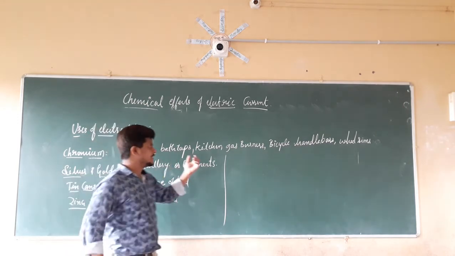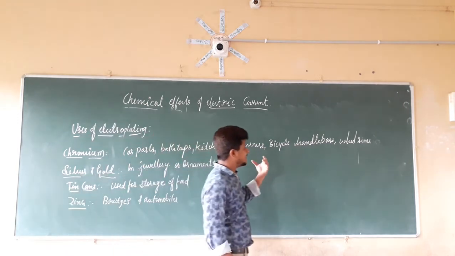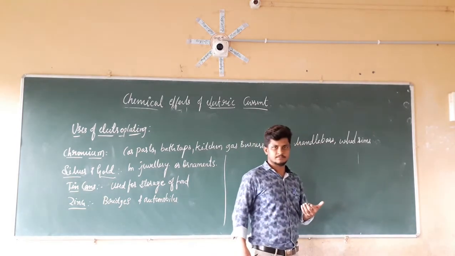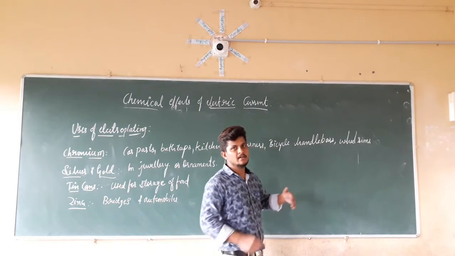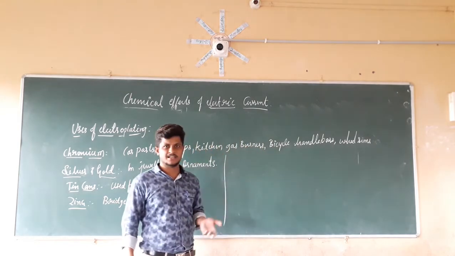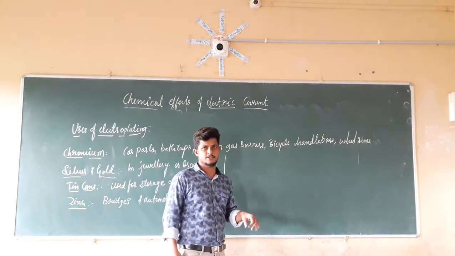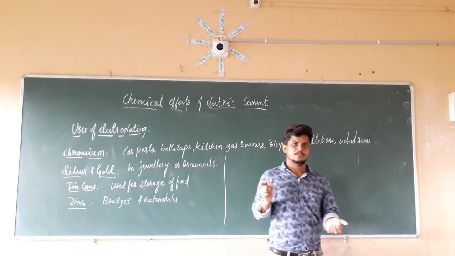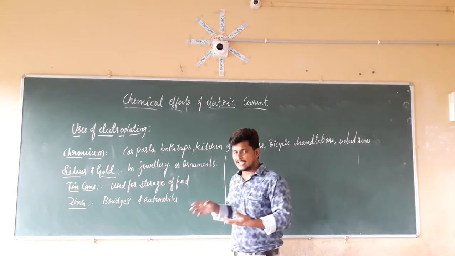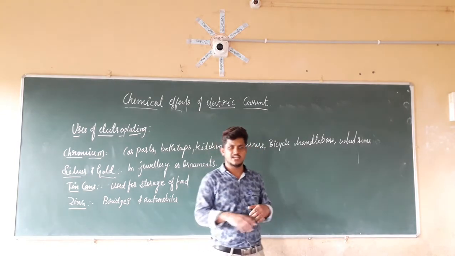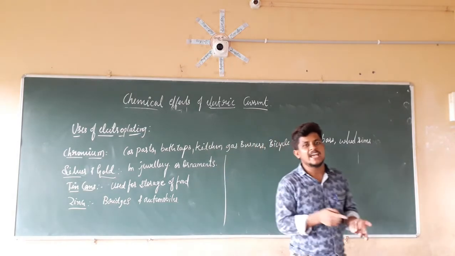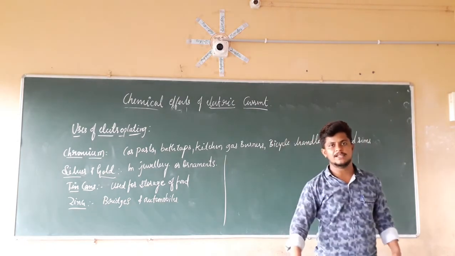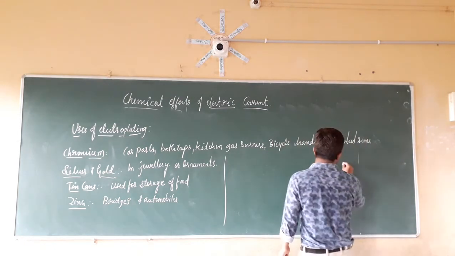In the same way, the kitchen gas burner, bicycle handlebars, and wheel rims, the wheels of vehicles like a bicycle or a bike. If you check all those things, they have shiny surfaces. They are all made from iron only, but they have a coating of chromium.